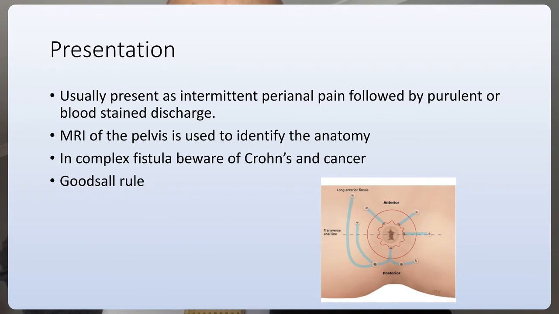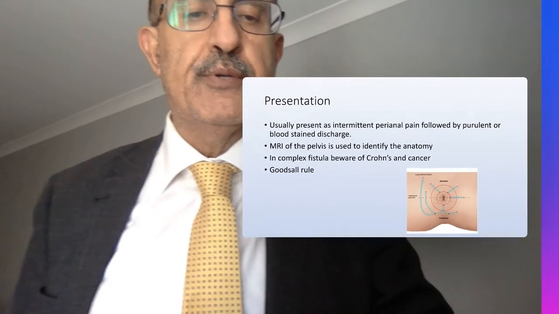So if you see a fistula in the posterior half of the anal circle, you know the internal opening is going to be in the midline at 6 o'clock, and that's where you look for it under anesthesia. But with an anterior fistula, the track is straight, so it could open anywhere along the dentate line, but always in the anterior half of the circle.